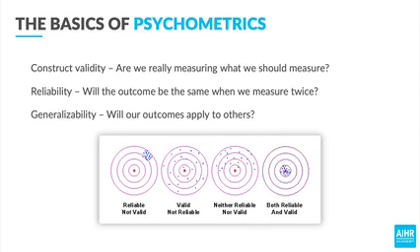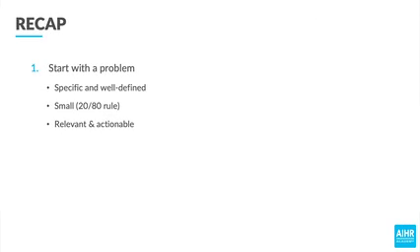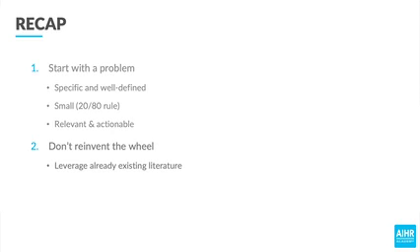This was a short introduction into the basics of working with HR data. To sum up, make sure you attack a relevant business problem and you make the problem small. Think of the Pareto principle. Make sure that you look at literature, what other people already found, and you apply it and you use it for your data selection.